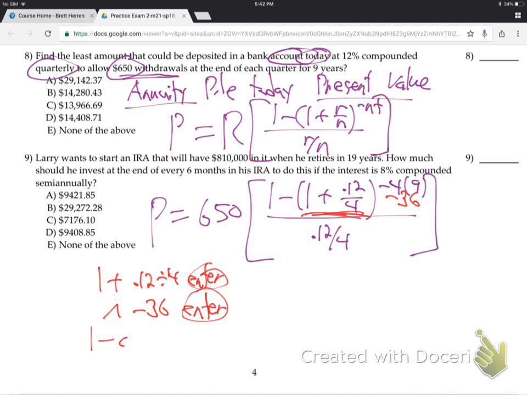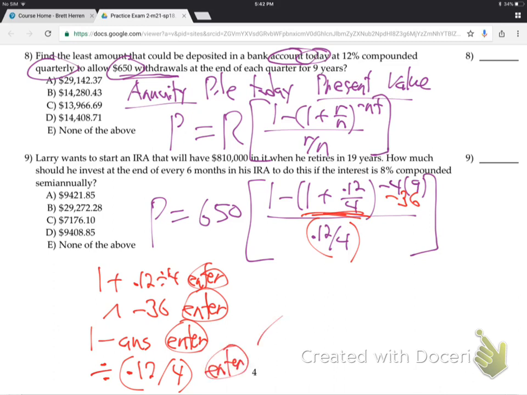Then 1 minus answer, enter. And here's the real trick: divide by, you've got to put parentheses around that denominator when you divide by more than one thing. Hit enter, then bring it up here, times the 650 in the front. Hit enter. Let's see what we get.